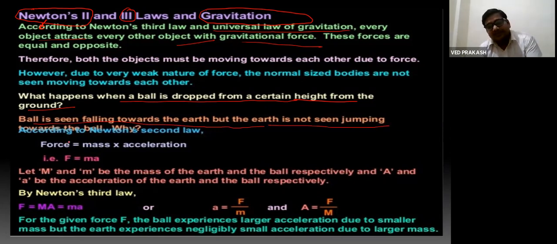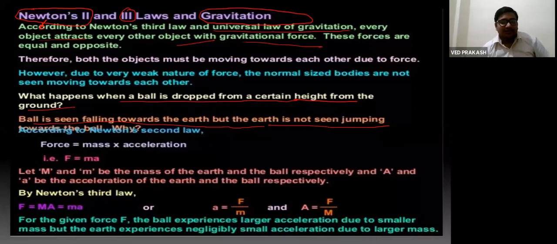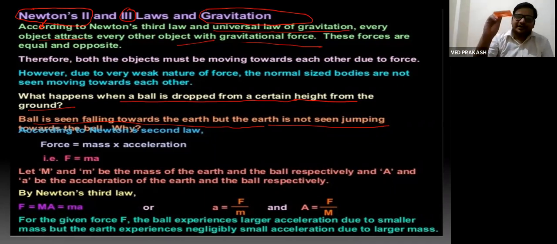If both are exerting equal force on each other, as Newton's third law says that every action has an equal and opposite reaction, then if I drop any object from a certain height towards the ground, this object will also pull Earth towards its center. So why is Earth not moving towards it, and why is this object moving towards Earth? But both are exerting equal force on each other.